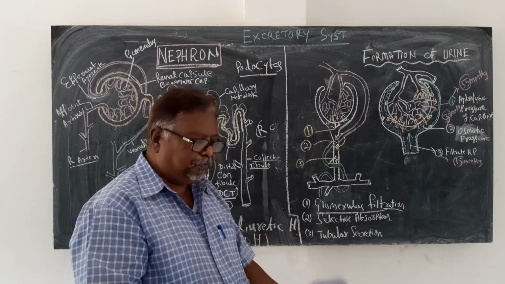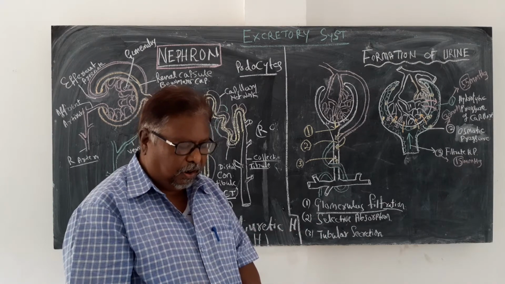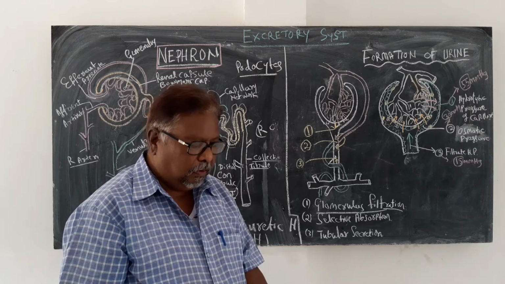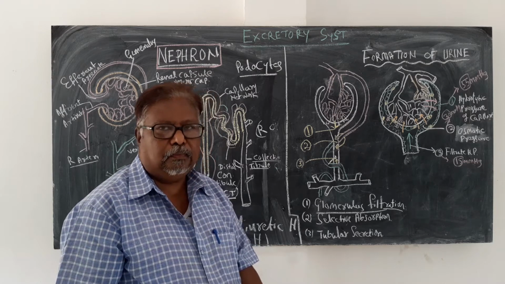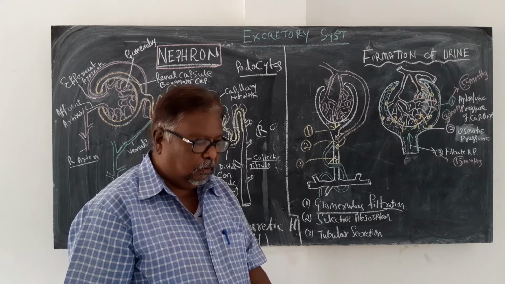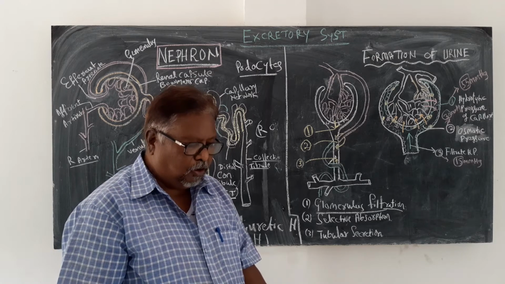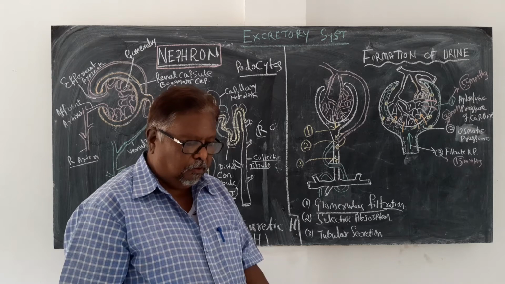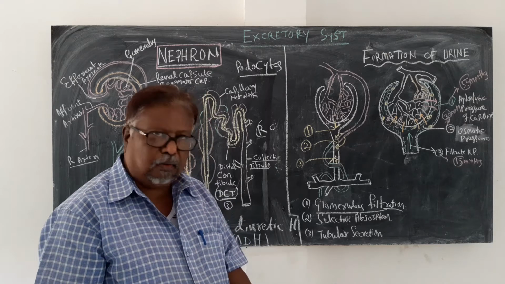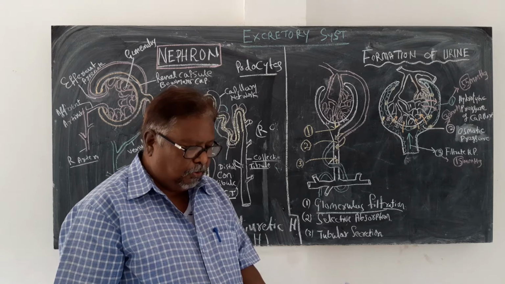Now coming to the first one, that is glomerular filtration. It is the first step in the formation of the urine. Next point, it is the process of filtration of blood from the glomerulus, that is through the semi-permeable wall of the glomerulus into the lumen of Bowman's capsule due to difference in pressure.